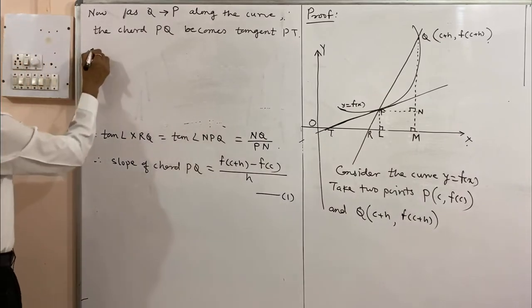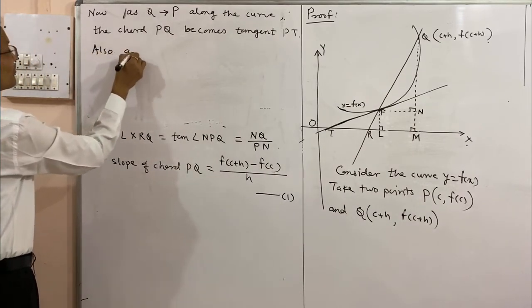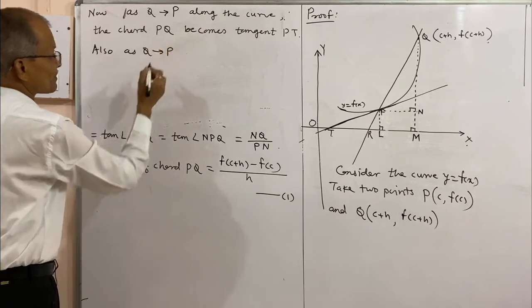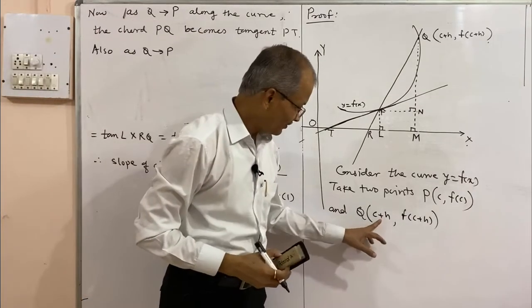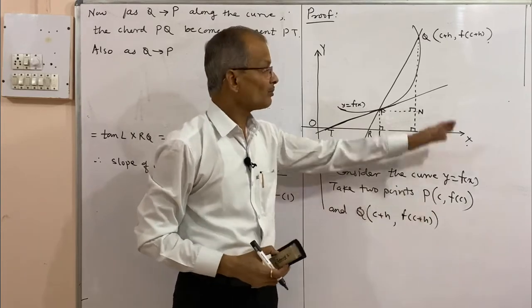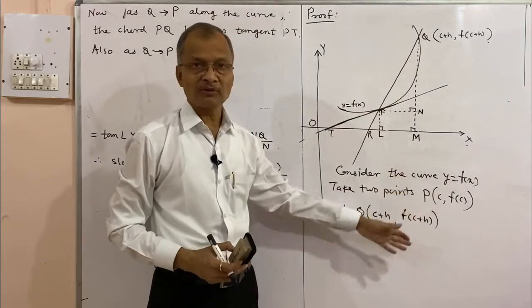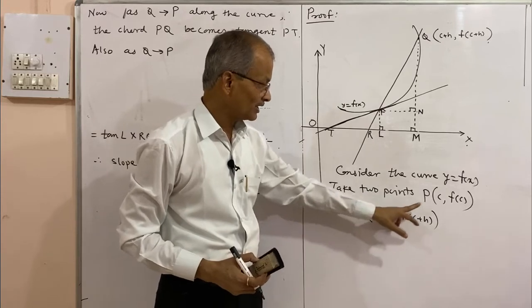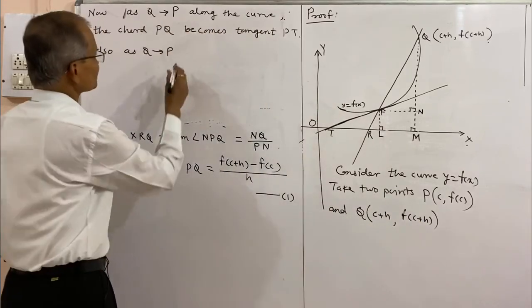Also, as Q tends to P, it means the x coordinate of Q will tend to the x coordinate of P. The points are closer, so their x coordinates will be nearly equal, and that is c plus h will tend to c.